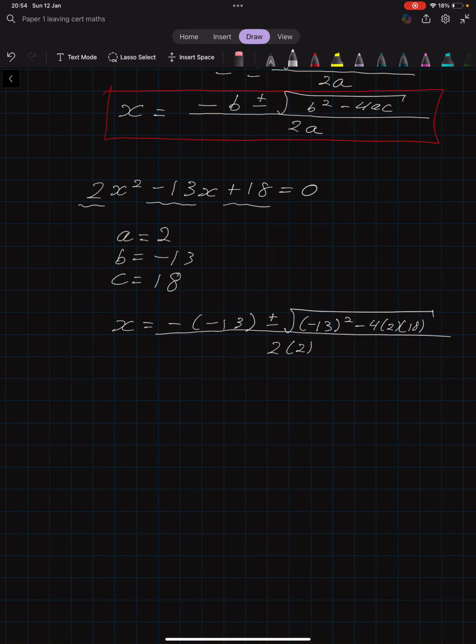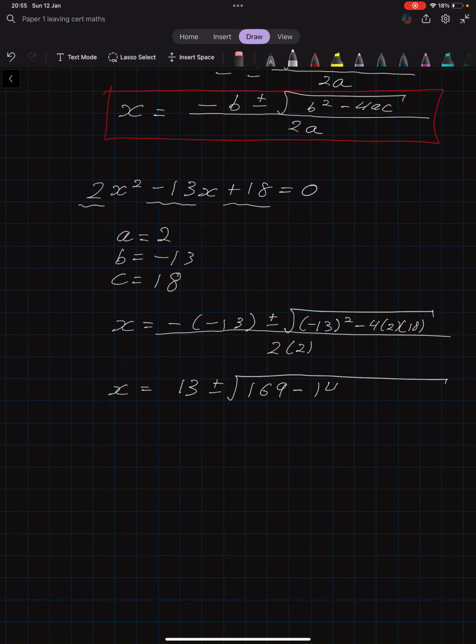So minus by minus is plus, plus or minus the square root of minus 13 squared, that's 169, minus 4 times 2 is 8, multiplied by 18 is going to give me, I think, 144, all divided by 4.